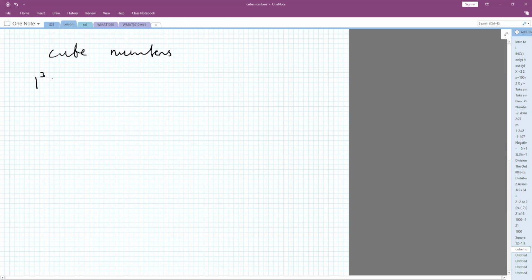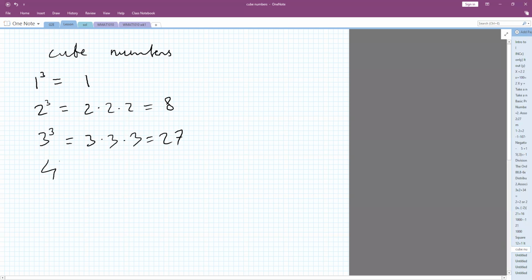1 cubed, 1 to the power of 3. What does it mean? 1 to the power of 3 is 1, because 1 times 1 times 1. 2 cubed gives you 8, because 2 times 2 times 2. 3 cubed gives you 27.